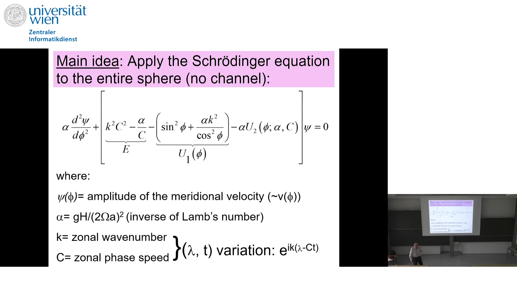So when we solve it, hopefully, we get E as the eigenvalue, and each E gives us 3 C's. And we know how to identify them: the 2 large roots of the cubic equation will be Poincare waves, and the small negative one will be the Rossby wave.